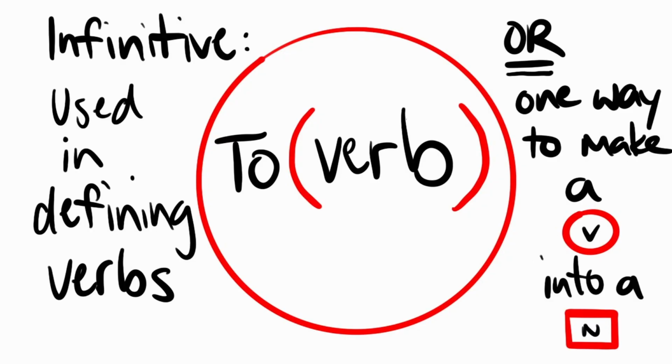The infinitive form of the verb is simply the word to, T-O, plus the verb. The word as you would look it up in a dictionary. And the infinitive has its own uses. We'll delve into the uses of the infinitive in some later video. But for now, just know the infinitive form of the verb is to plus the verb.